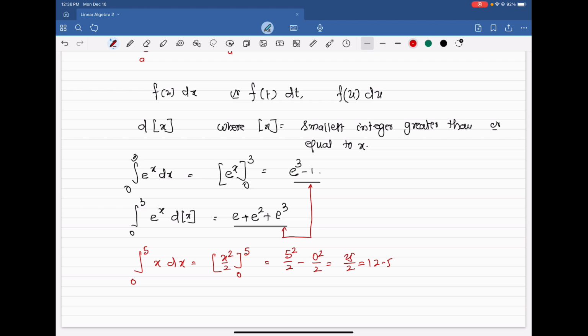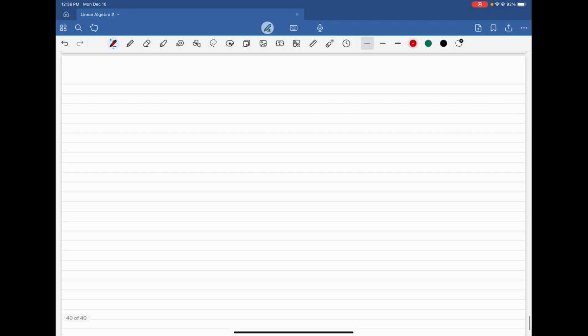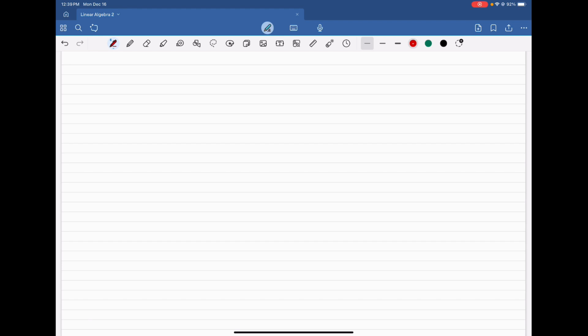Now, what will be the value of integral 0 to 5 x d with respect to the smallest integer function? Will it differ from the regular value? Yes, it differs. How and why does it differ? Once we know for a simple function like x, d box x, then we can expand it to other functions also. Now let us see.